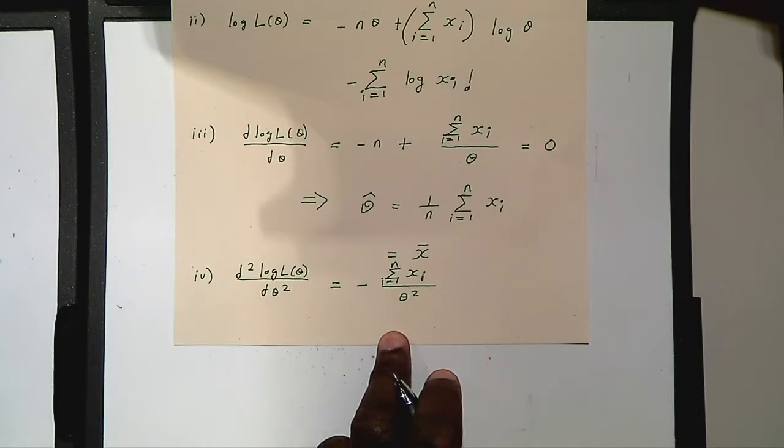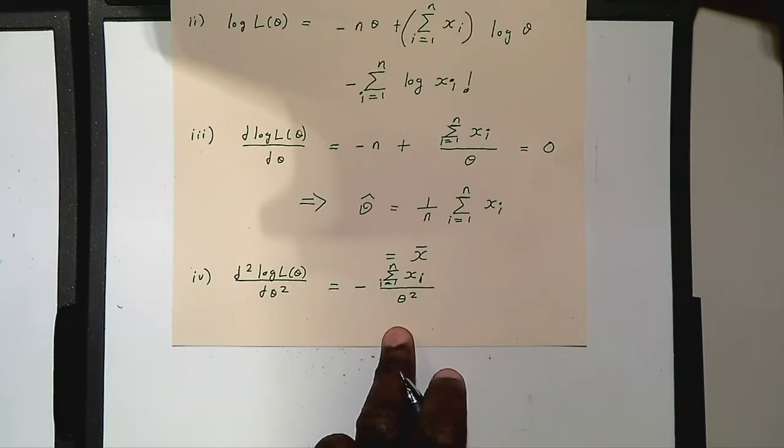You can prove that this is clearly negative, but we only need to prove that this is negative when theta is theta hat, right?